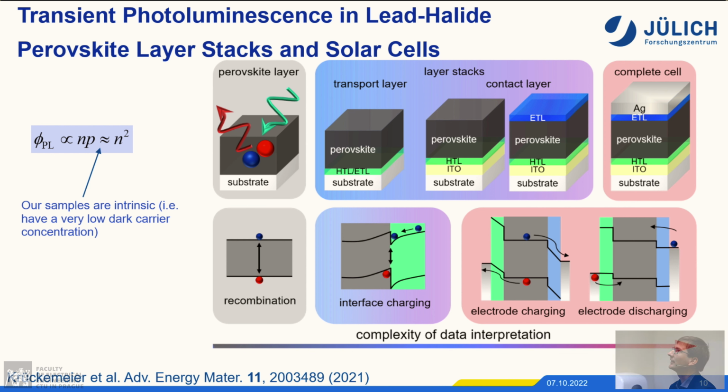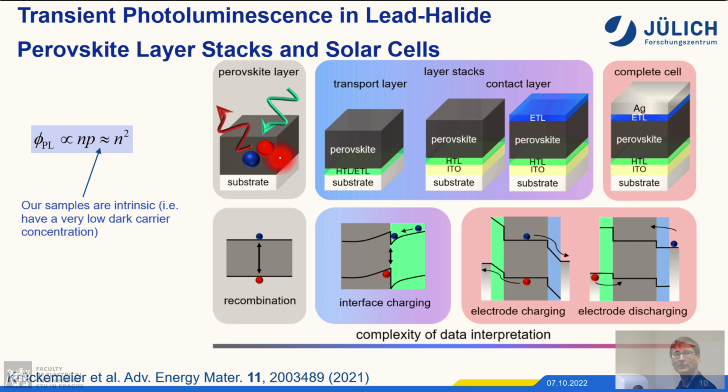And because the perovskites are so intrinsic, this is the same as saying it's proportional to electron concentration squared, to a pretty good approximation. Okay, and then you can do this, because it's a purely optical technique, photon in, photon out. Yeah, you can do this on films, on glass.